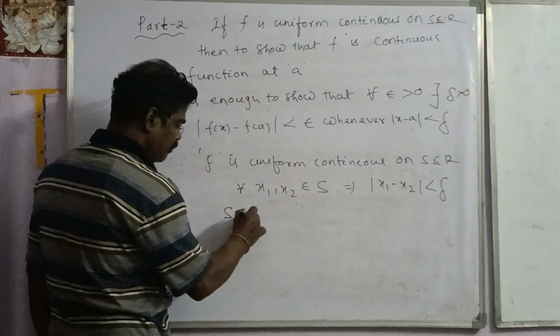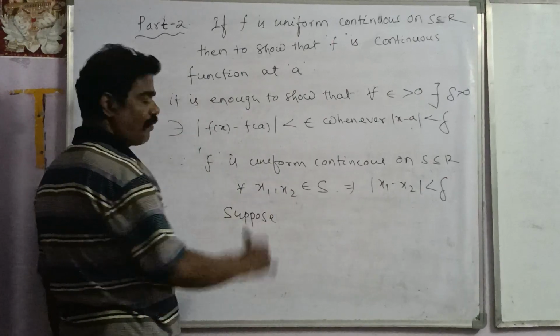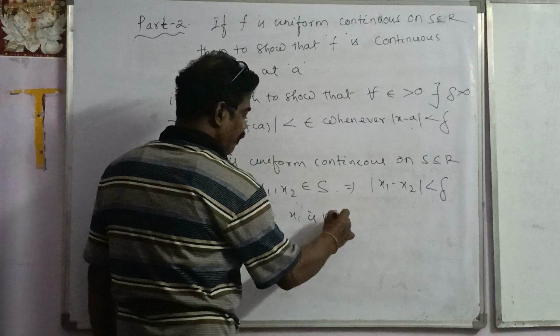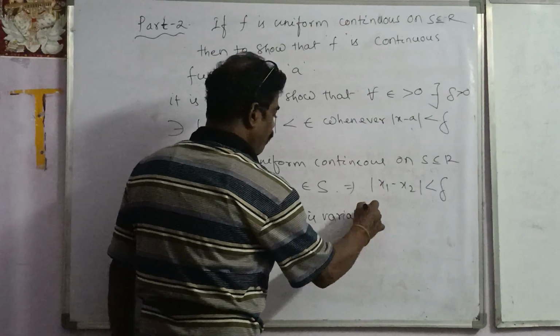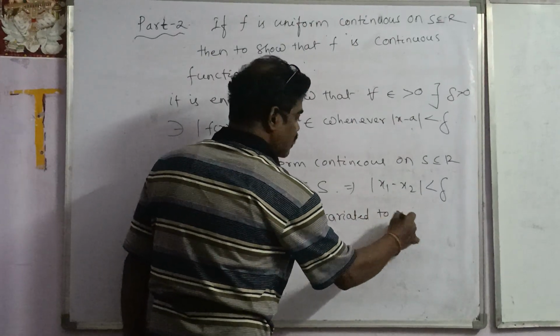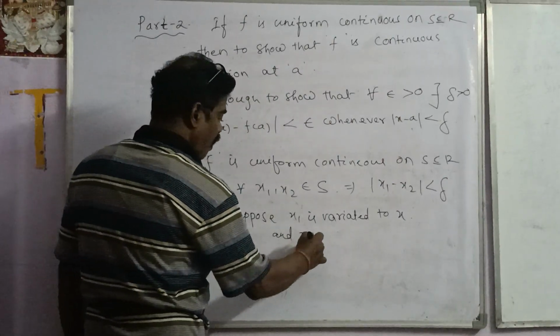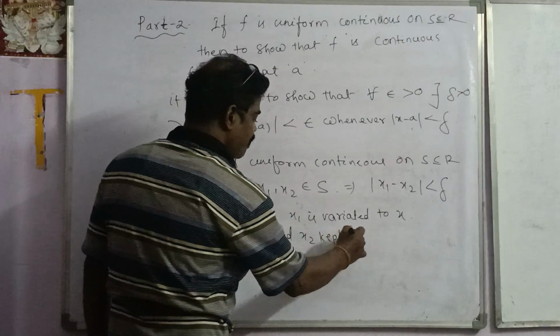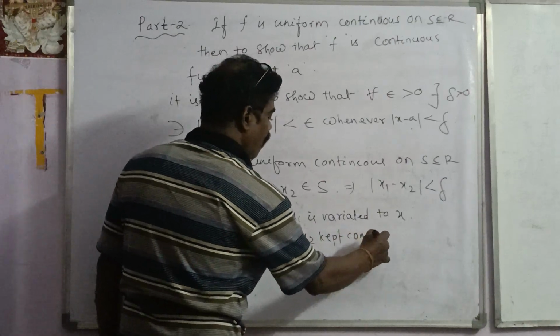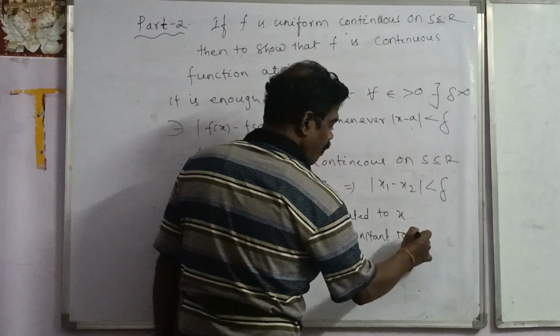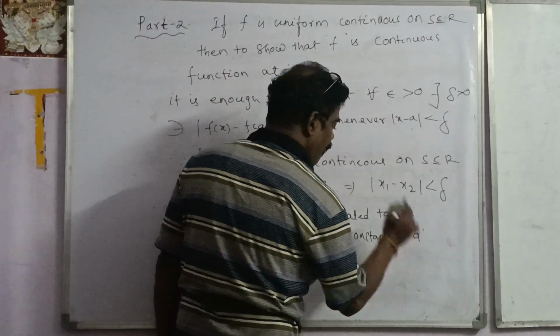Suppose x1 is varied to x and x2 is kept constant to a.